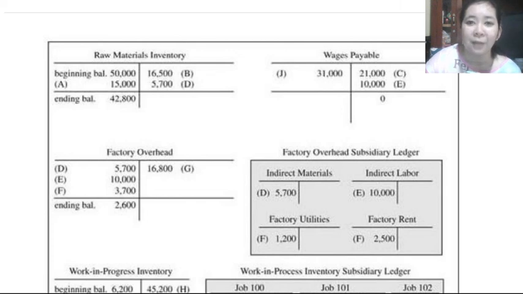But for a clearer picture of how these costs are accounted for, it is still advisable to prepare the journal entries related to these transactions. So those are the journal entries and postings in our T accounts for accounting our manufacturing costs, which include direct materials, direct labor, and factory overhead.